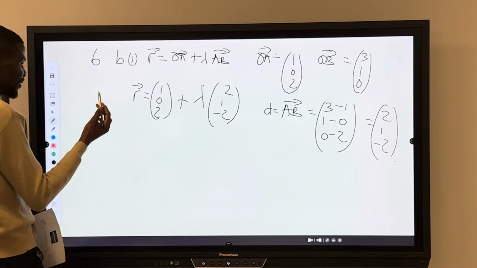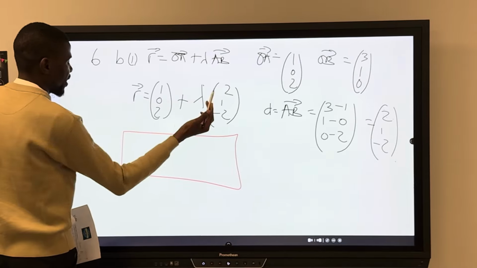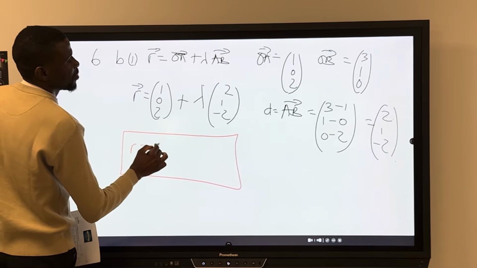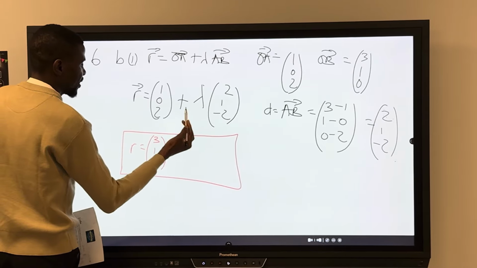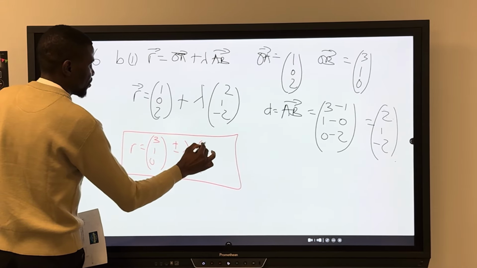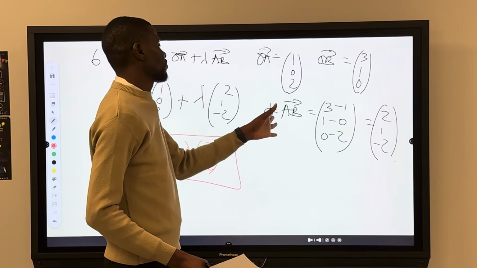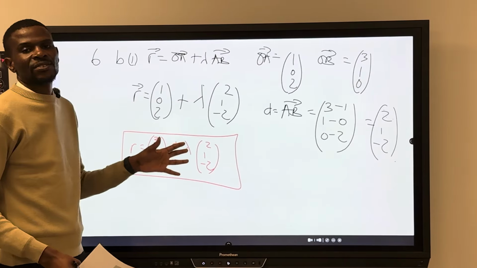In general, you could also use either B or A. So you could also use r equal to B, which is (3, 1, 0), plus or minus lambda (2, 1, -2). It depends, because if you find BA, you're going to get a negative here. So any of these answers is correct.